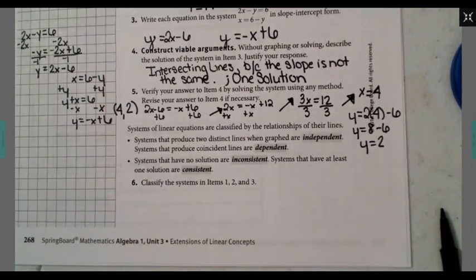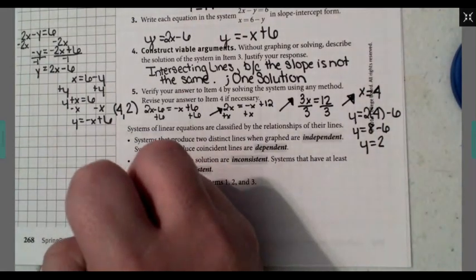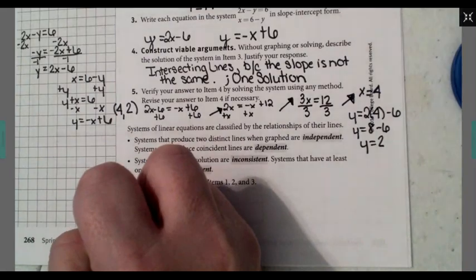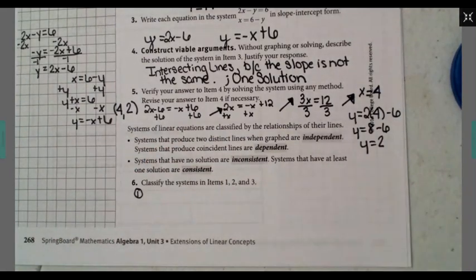Systems that have no solution are inconsistent. Systems that have at least one solution are consistent. So we need to classify the systems in items 1, 2, and 3. So 1, let's go back to 1.